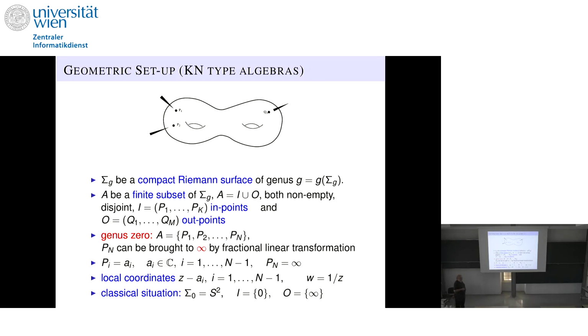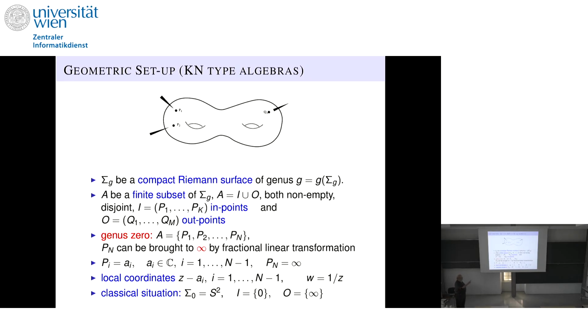The local coordinate would be z minus A_i, for example, where the points correspond to A_i, and the last one corresponds to infinity. At infinity I have to take 1 over z as the local coordinate.